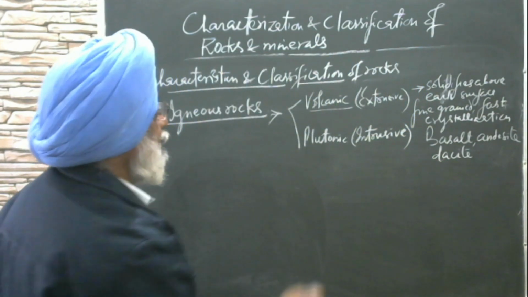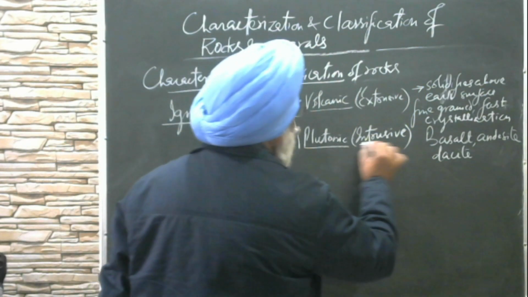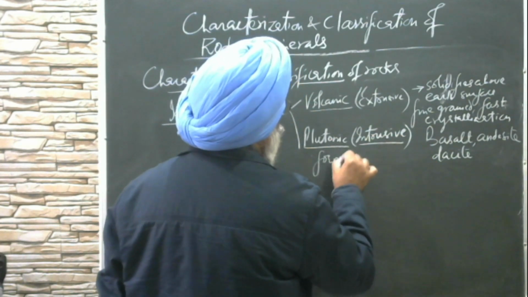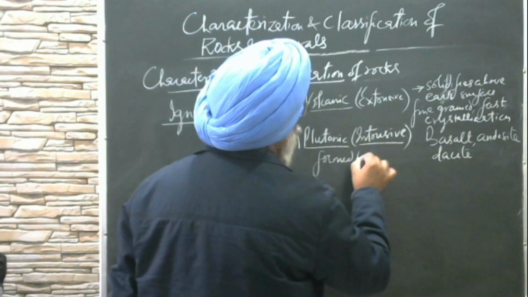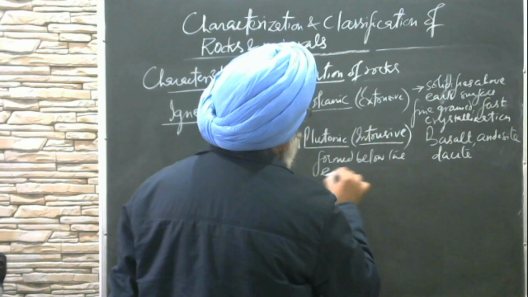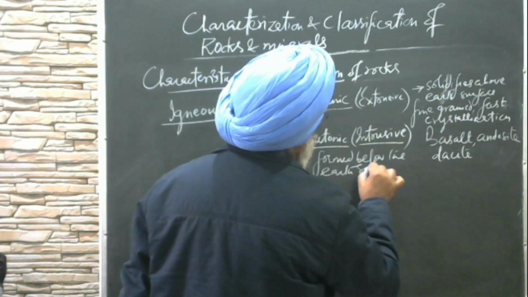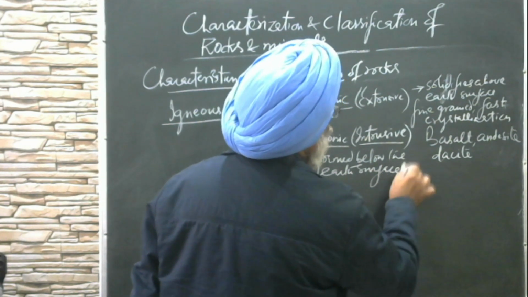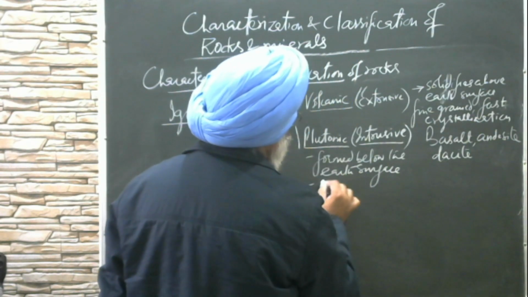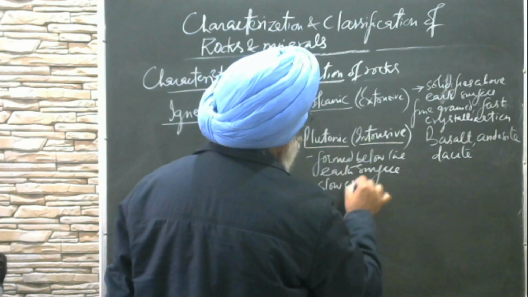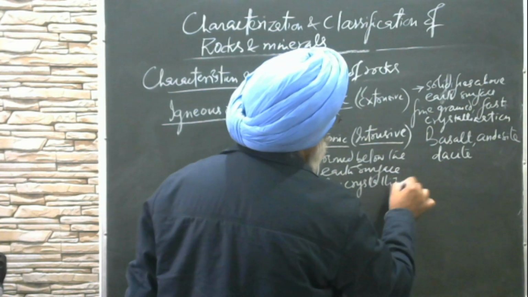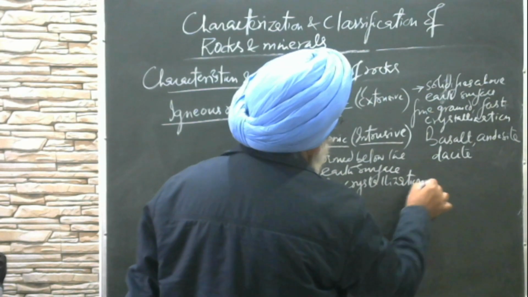On the other hand, plutonic or intrusive type of rocks are formed below the Earth's surface. And here it was fast crystallization, so here it is slow crystallization, because these are formed below the earth, so the process of crystallization is slow.